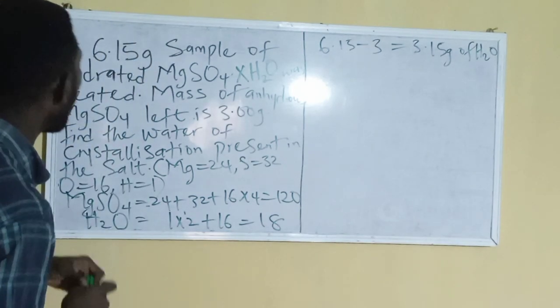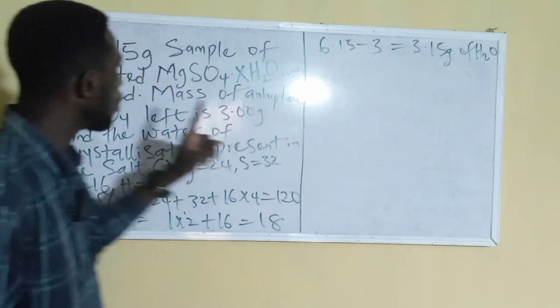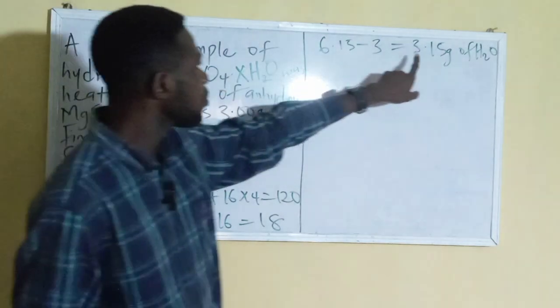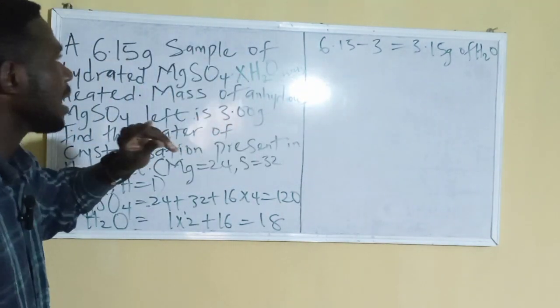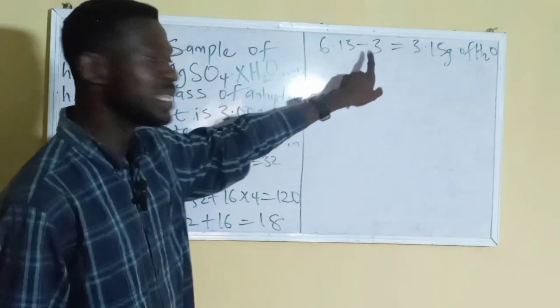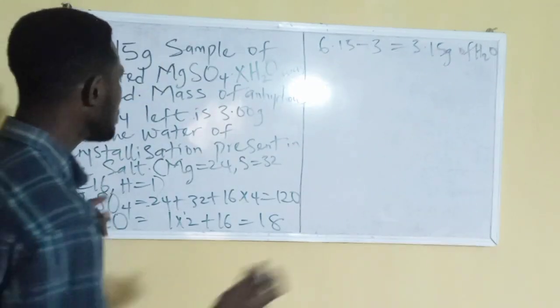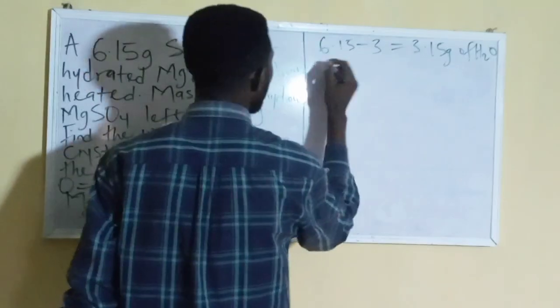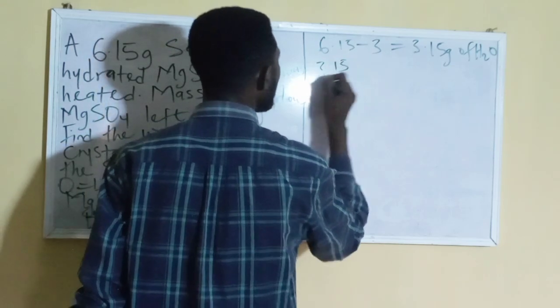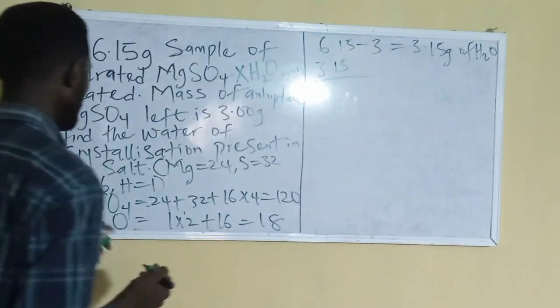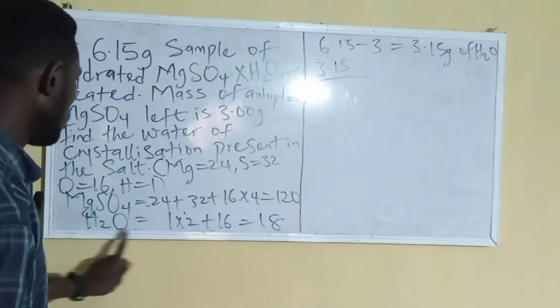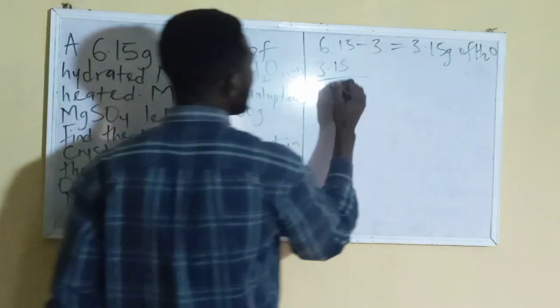The mass of water here is 3.15, and the mass of anhydrous salt is 3. So you will have your mass of water, which is 3.15, divided by the molar mass of water, which is 18.